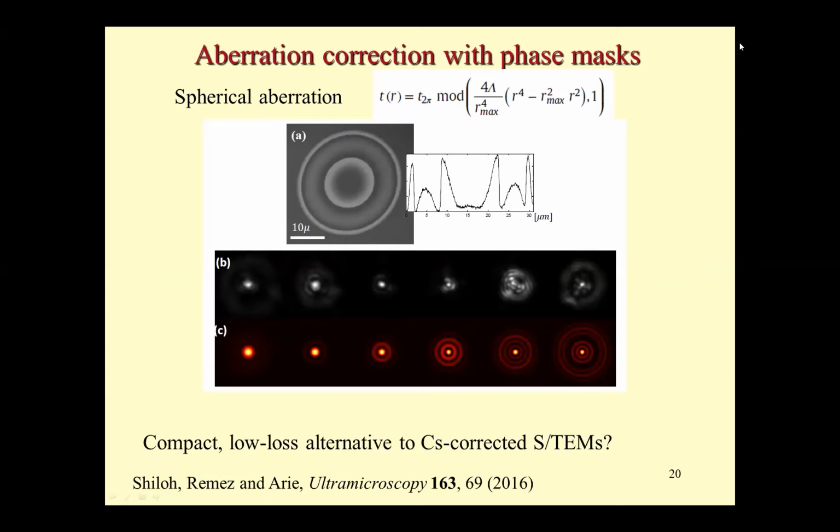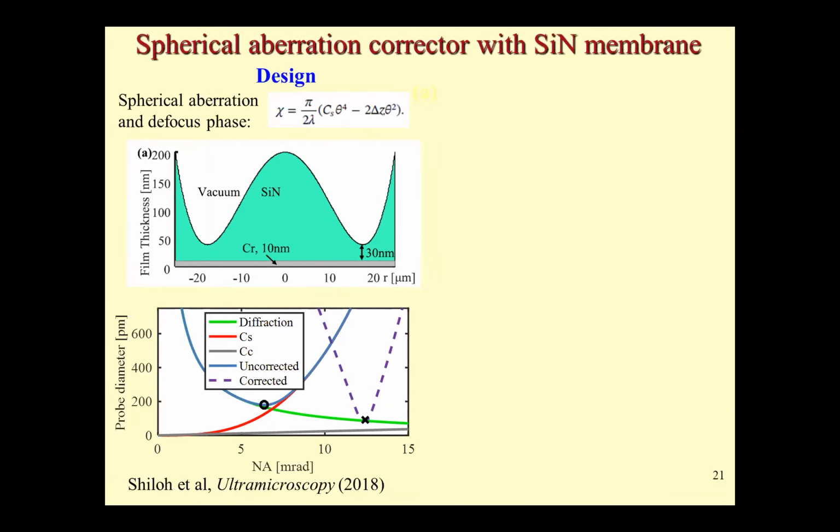So far what we did is we added aberrations. What we want to do next is to correct aberrations. So here we have to be very specific and very accurate and add exactly the right amount of aberration for the lens that we work with.